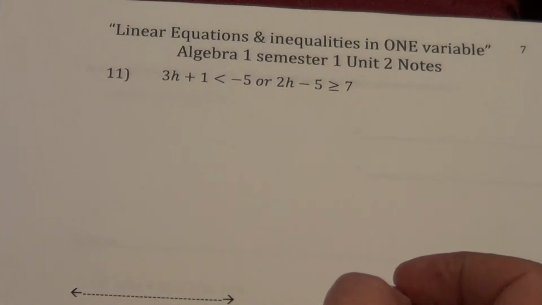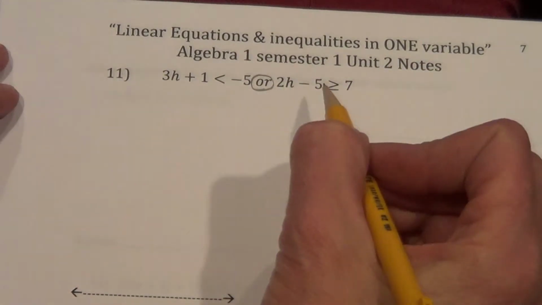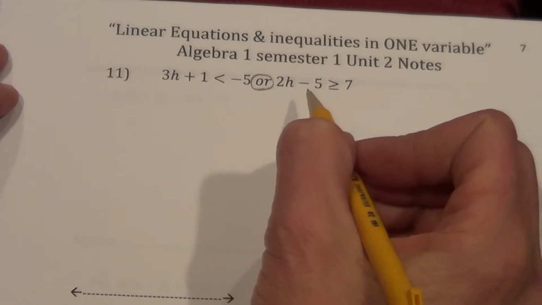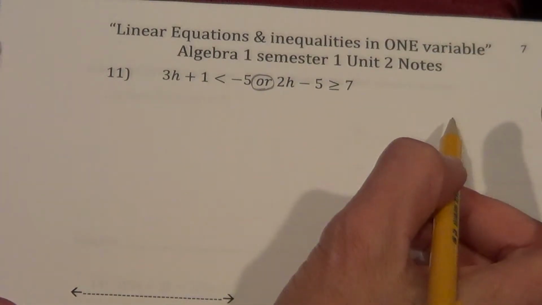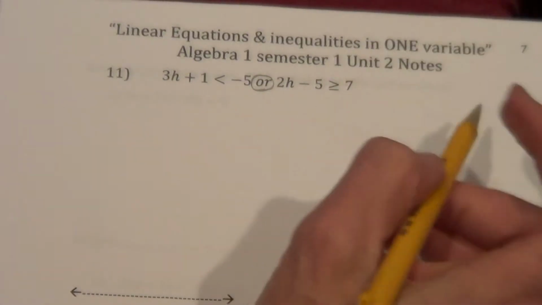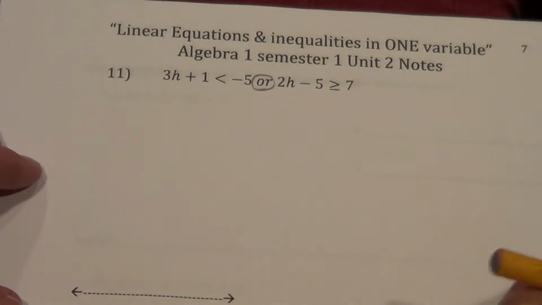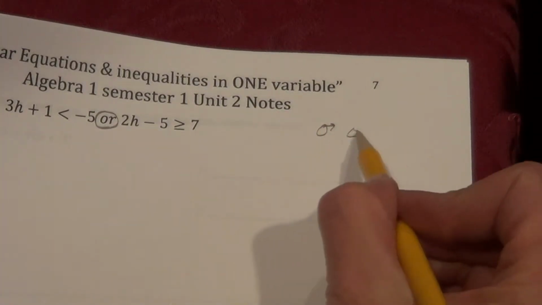In class, I have probably already explained to you that when you see the word or, you need to think of a seal that will say or, and his flippers point out. That tells you exactly how the graph's going to look. It's going to be pointing out. Now, in inequalities, we never have a graph pointing like this.